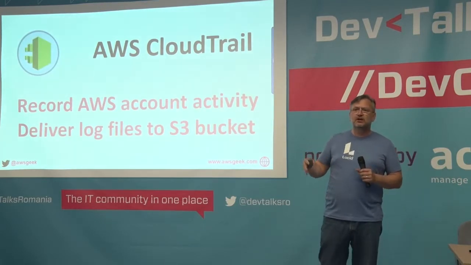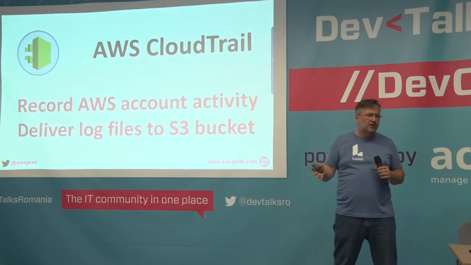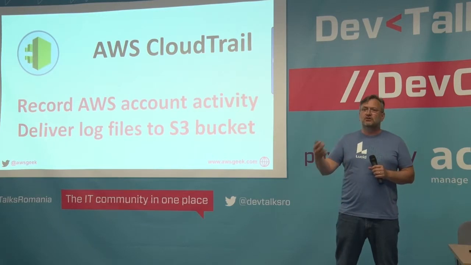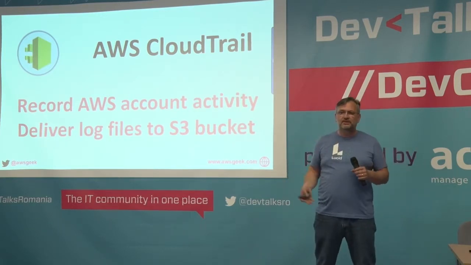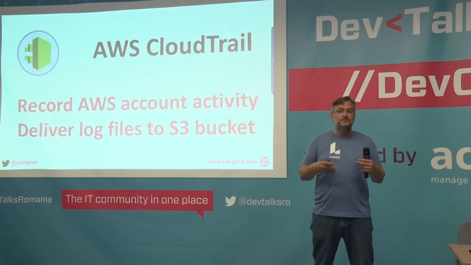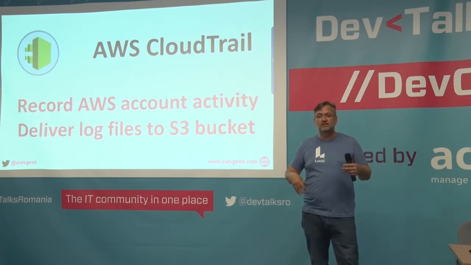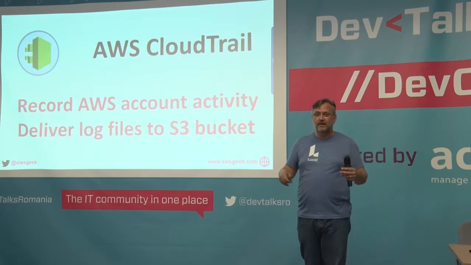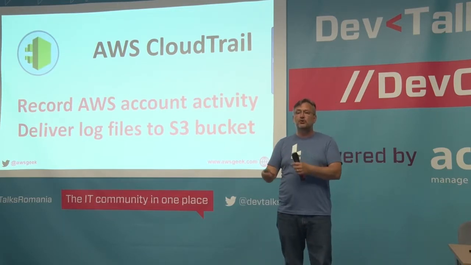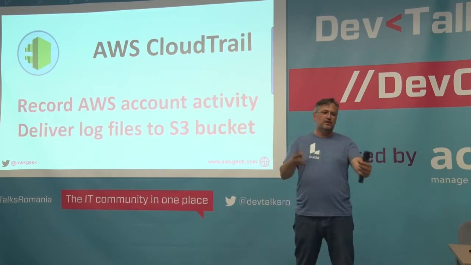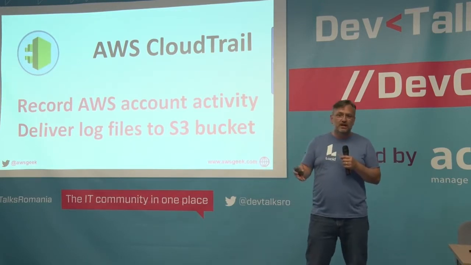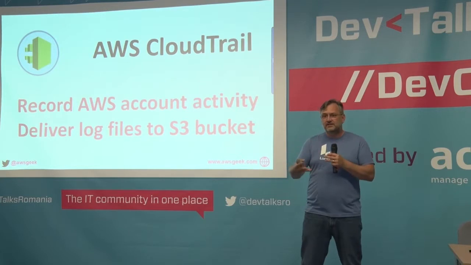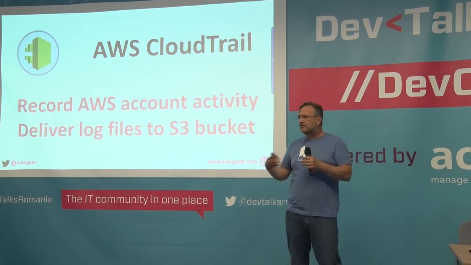AWS CloudTrail, for those of you who aren't familiar with it, gives you the ability to record interactions with your AWS resources. For example, anytime someone logs into the AWS UI and starts an EC2 instance or creates an SQS queue or interacts with AWS in any way, all of those manifest themselves as API calls to the various services.